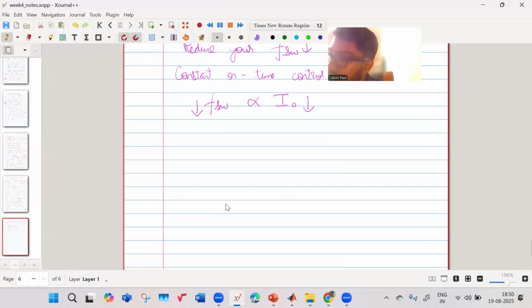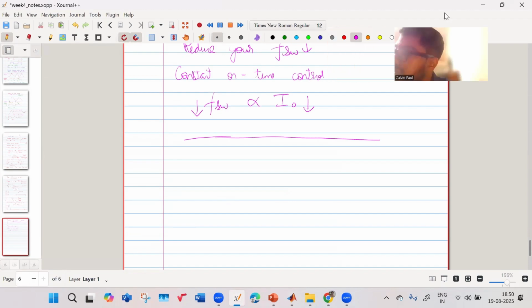So in current mode control, you have this. This is your reference. Then when you add a ramp compensation, the reference will change like this. Again, it will go like this. Okay. And your current will be something like this. It will come here, fall, come here, fall. Like this.